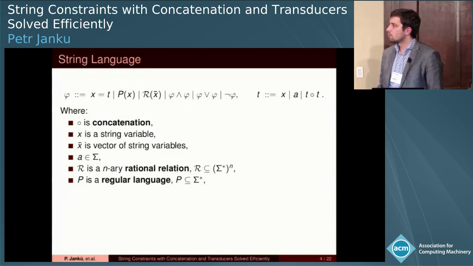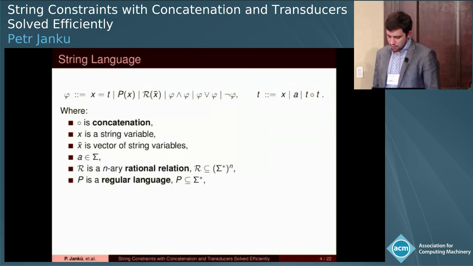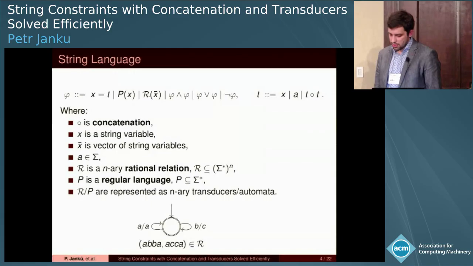A circle is used to denote the concatenation operator. Rational constraints and regular languages are represented as transducers and automata, respectively. A transducer is basically an automaton with more tracks. Here is an example of a transducer which has 2 tracks.